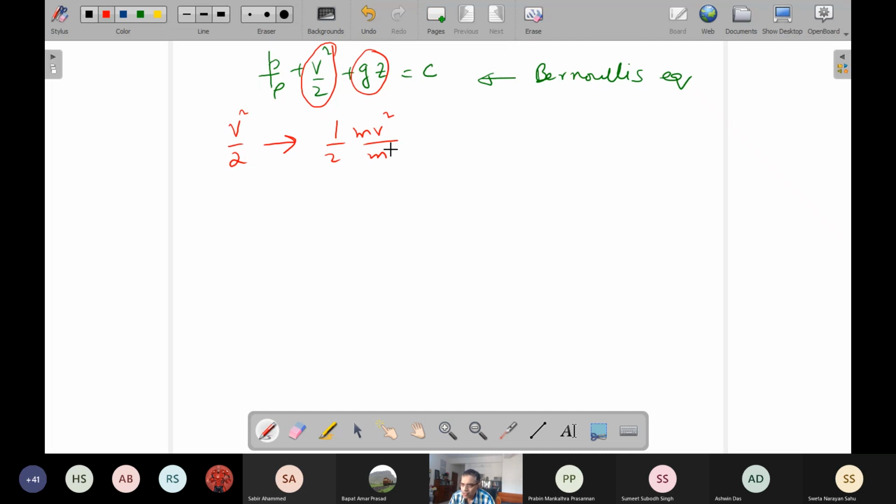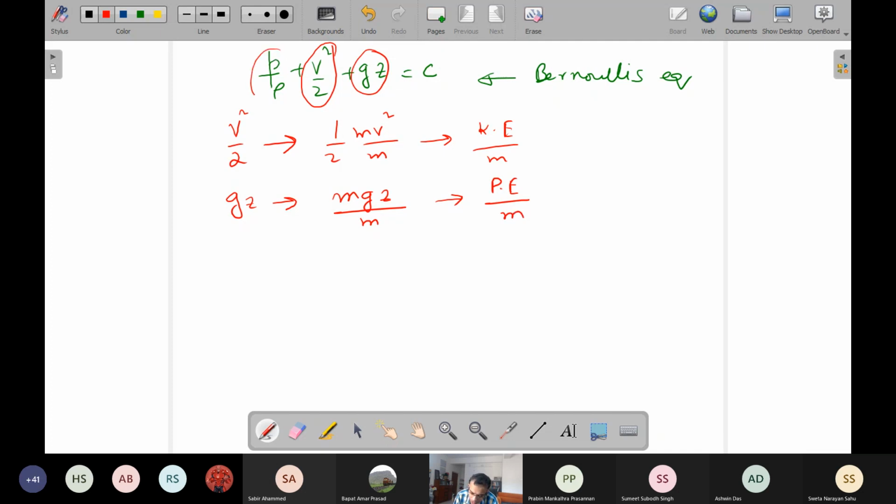So half m v square is the kinetic energy, and that divided by mass is, at least dimensionally, kinetic energy per unit mass. Similarly, Gz, you can write mgz by m. So mgh, where z is like h, height, is potential energy per unit mass. So you have kinetic energy per unit mass and potential energy per unit mass.